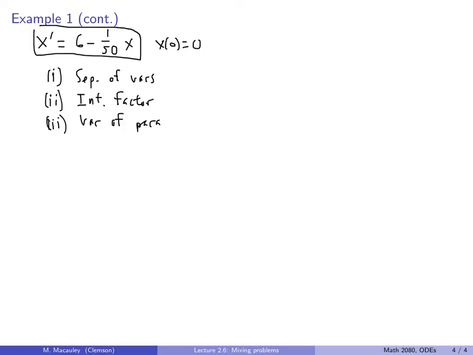Or we can use that last method, that shortcut. I'm going to give it a name now, which I did not before. I'm going to call it undetermined coefficients. That's y of t equals yh of t plus yp of t: solve the homogeneous first and then guess a particular solution.